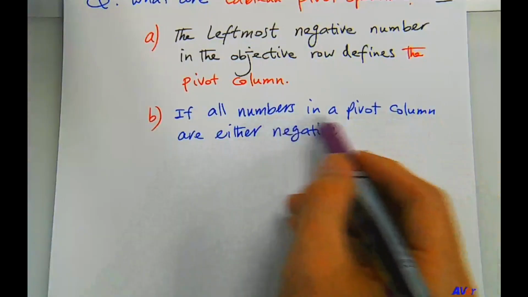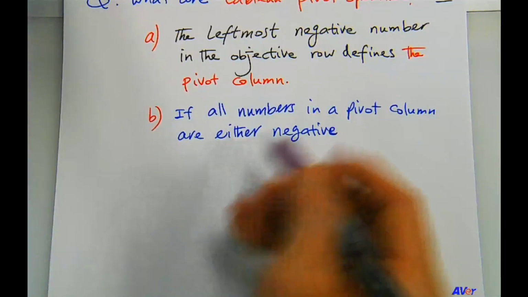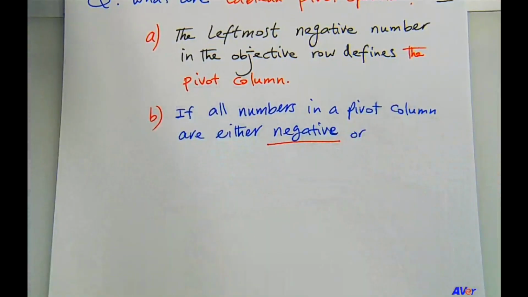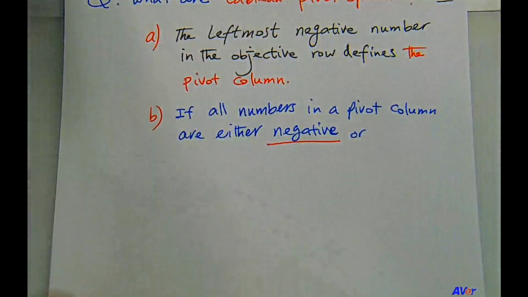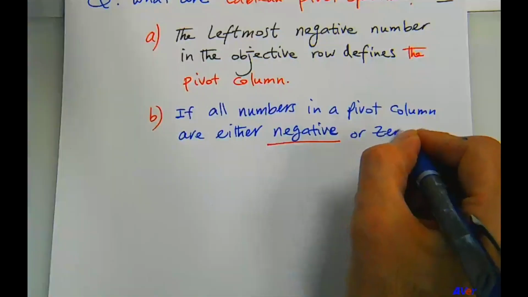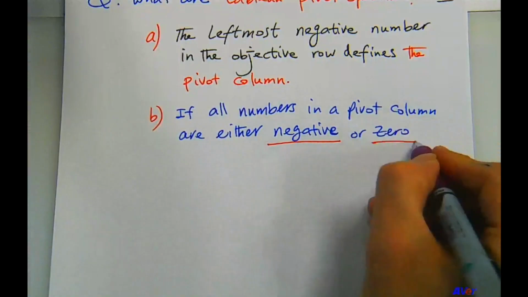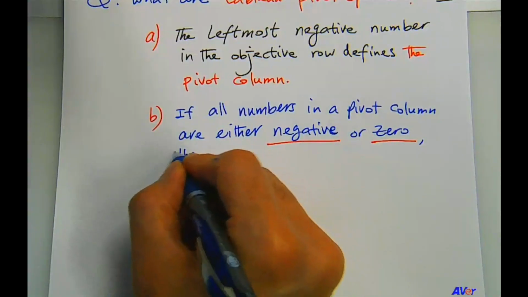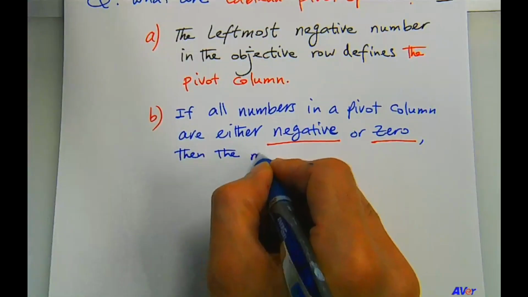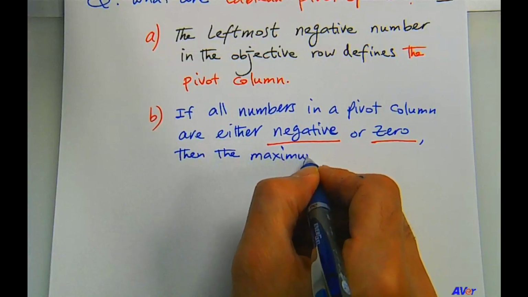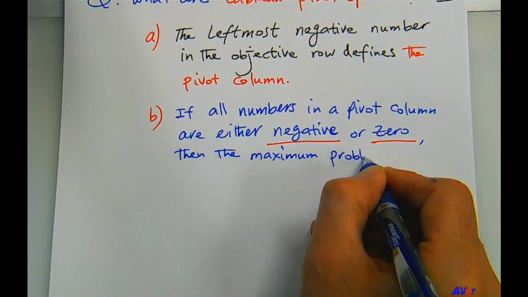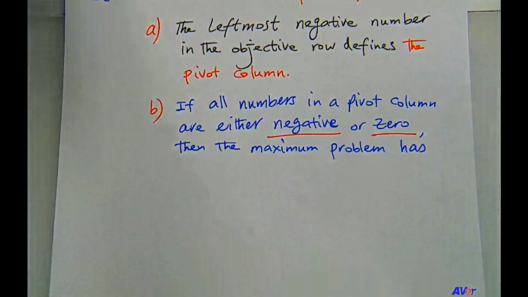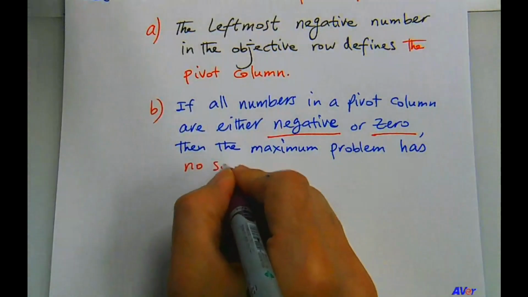If all the numbers in the pivot column are either negative or 0, then the maximum problem has no solution.